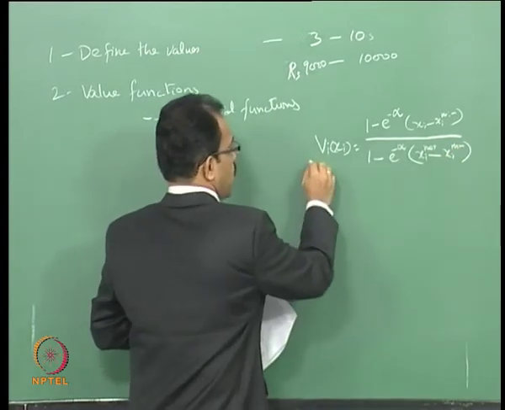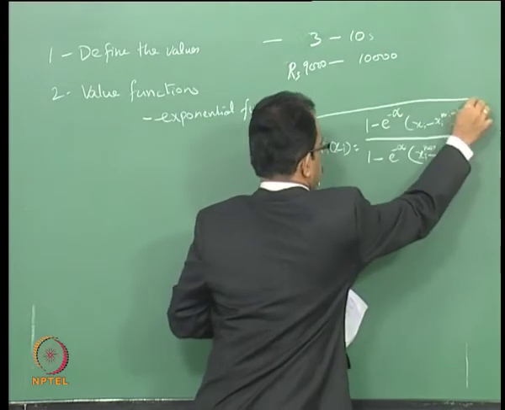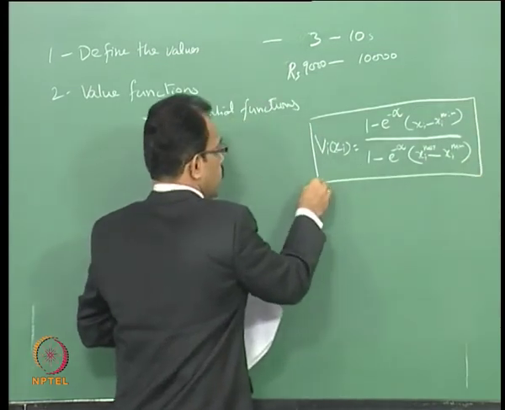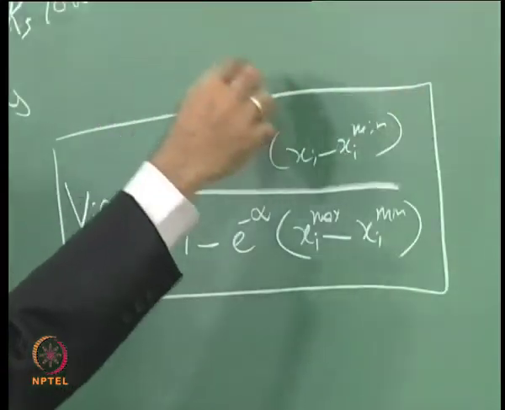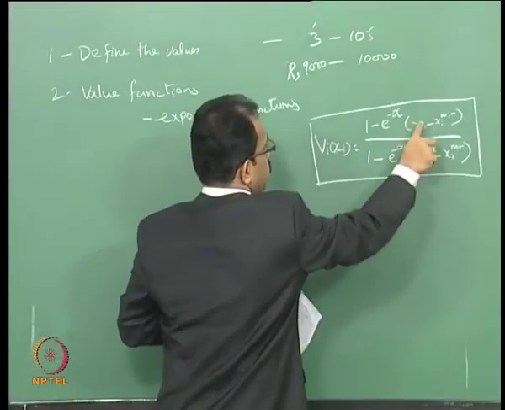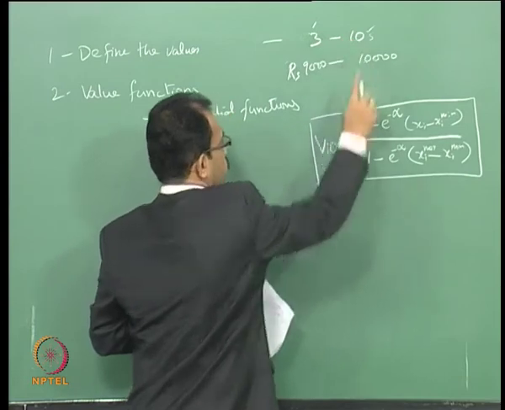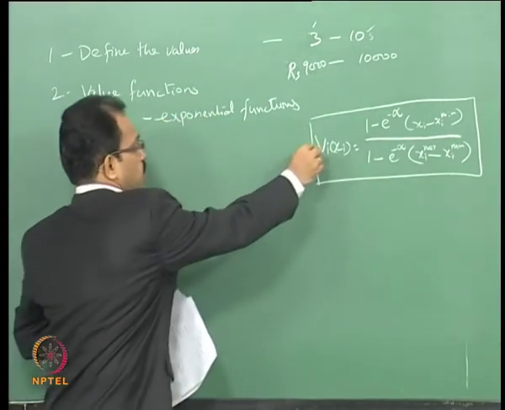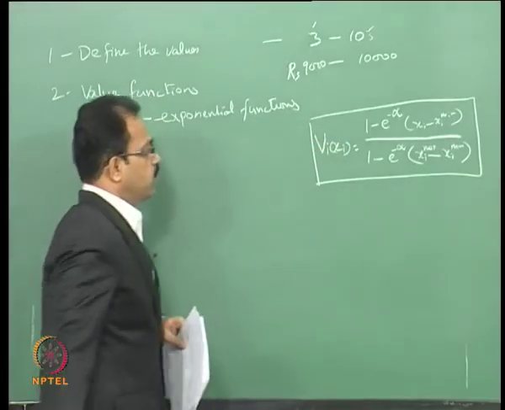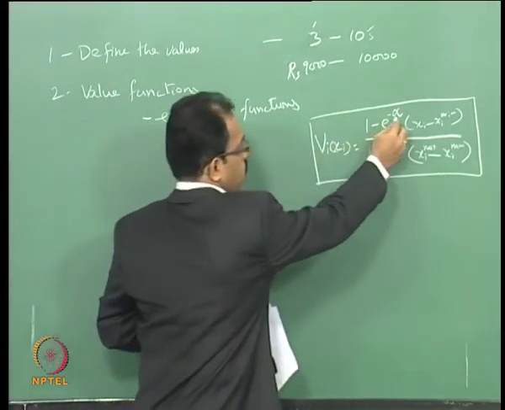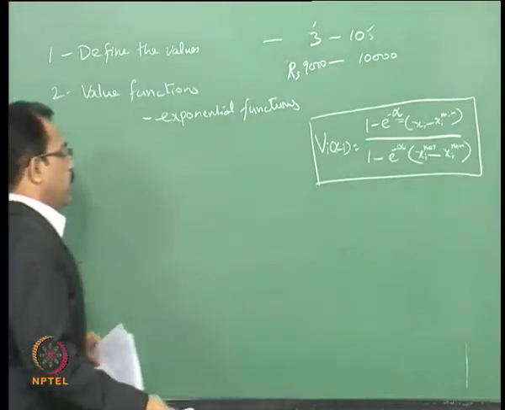So, this is the way we define the value curve. This xi minimum is the minimum value and this is the maximum value. Between these two values, minimum and maximum, we need to define a value curve, how the value should change from minimum to maximum. Depending on the value of alpha you can get different kinds of curve.